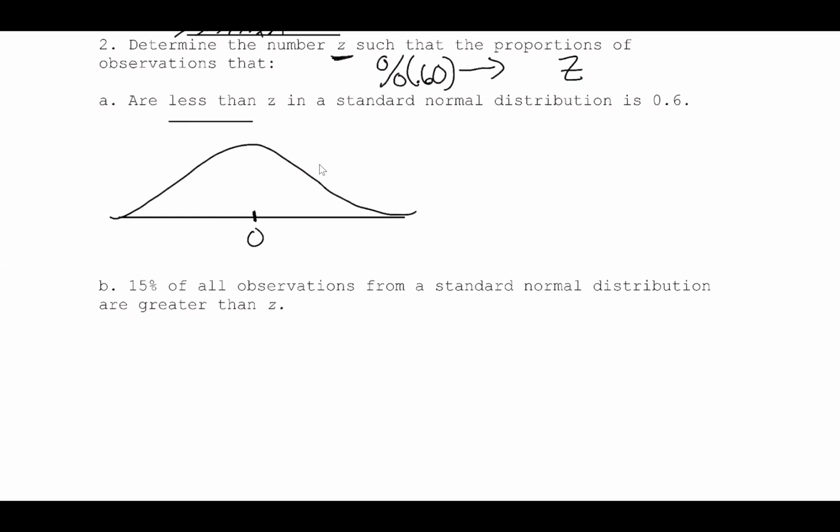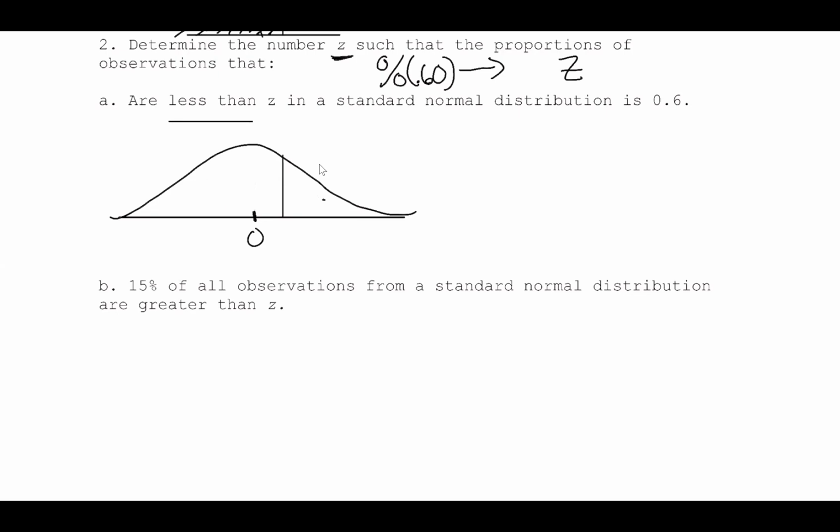If you remember, if you were to cut this off, to the left of it is 50% and to the right of it is 50%. But since I want it to be 60%, we have to go a little bit more into the right-hand side, so that we have approximately 60%.